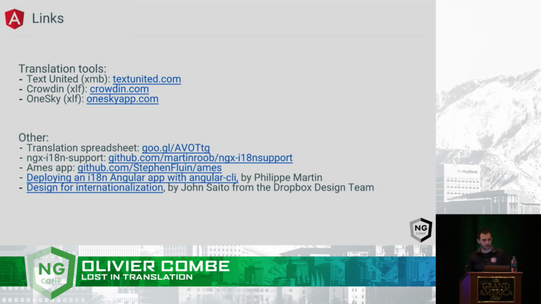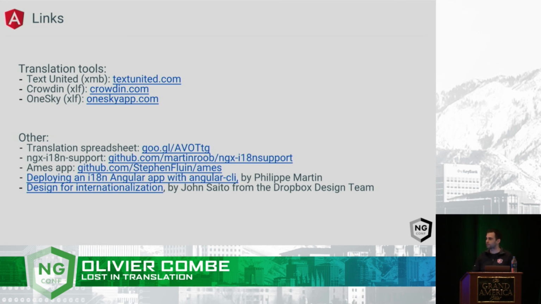Crowdin and OneSky are both really big solutions that will allow you to have a team and share translation and even request translation from professional translators. Both of them are really good. Crowdin is free for open source, and OneSky has a free plan where you can do your translation yourself and use it for free. So this is nice as well.